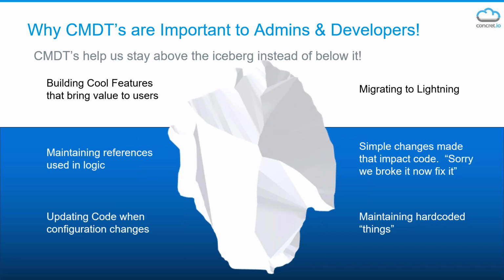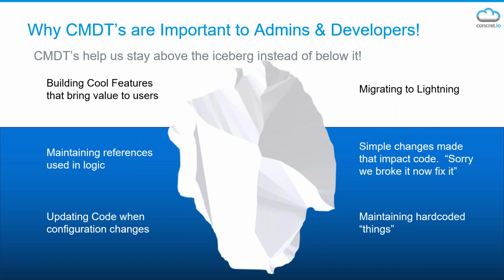So let's talk a little bit about why they're important. This is a slide I show really often when I present on this topic. I think a lot of us as admins and developers, we want to be doing things that we have listed here above the iceberg. We want to be building cool features that bring value to users, and we want to migrate to Lightning.